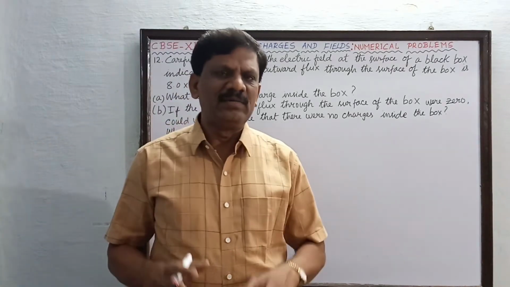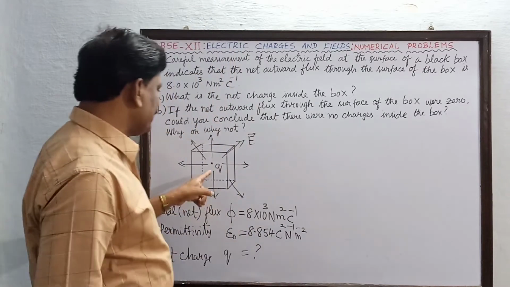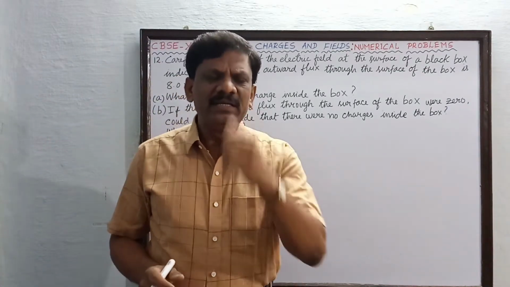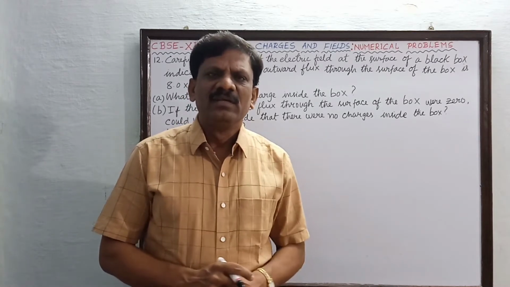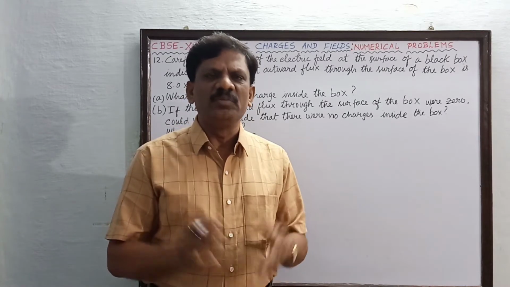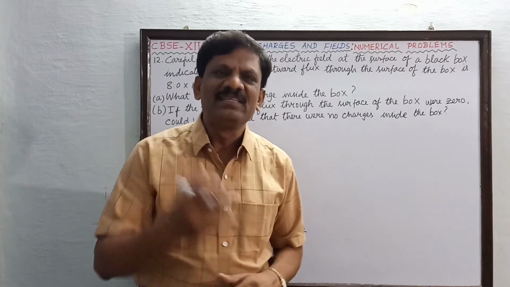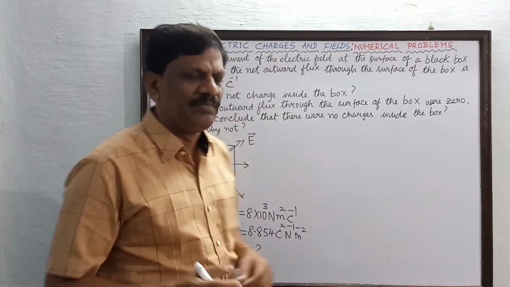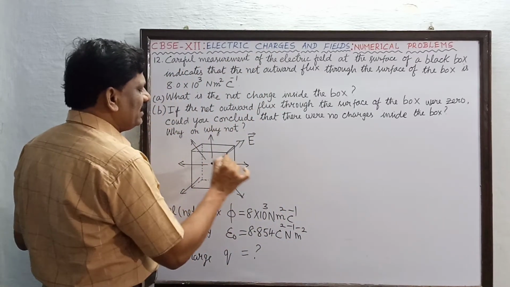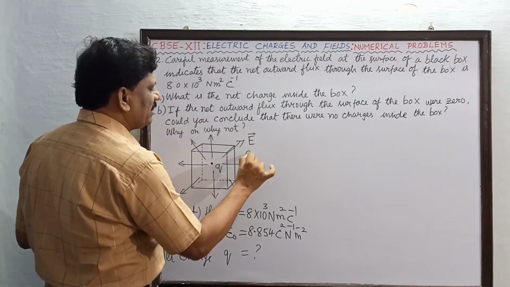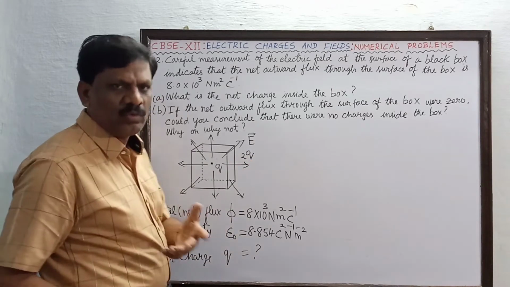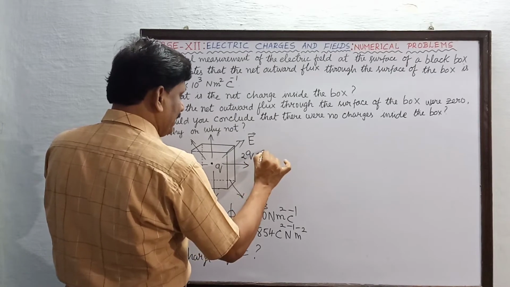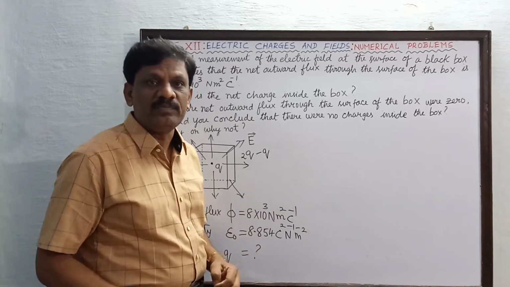Just for demonstration purpose, I have shown that the net charge is Q. Does it mean it is a single charge? The net charge does not mean that it should be a single charge. It may be a system of many charges. For example, suppose there is a charge 2Q coulomb, and another charge minus Q coulomb.